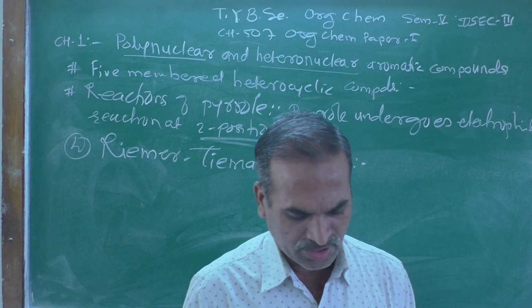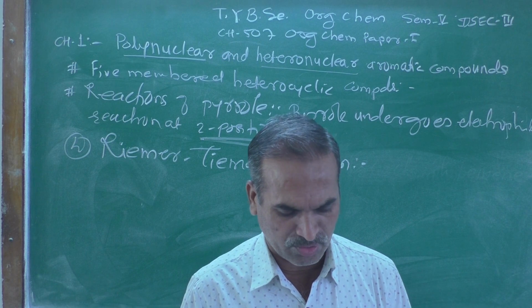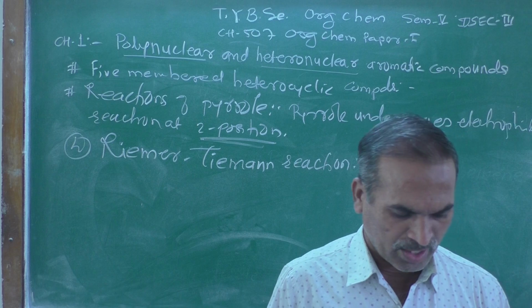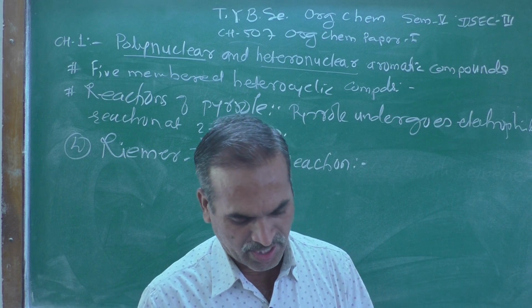When pyrrole is heated with chloroform and KOH, it undergoes the Reimer-Tiemann reaction giving 2-pyrrole carboxaldehyde.